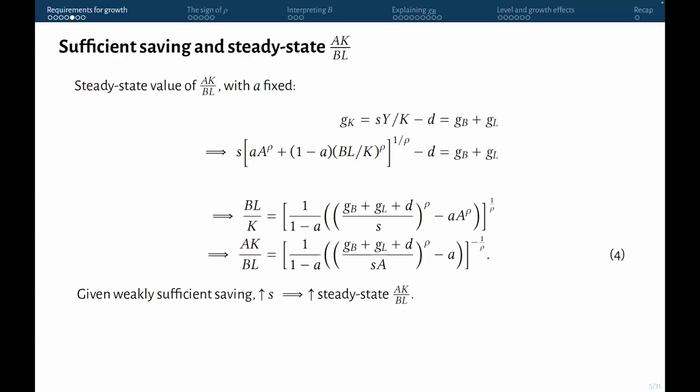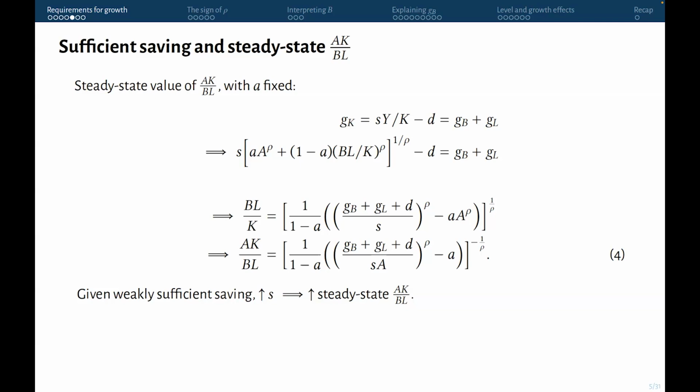This steady state ratio, though, does depend on the savings rate. So in the first regime, having a higher savings rate increased the growth rate, right? The growth rate's like SA minus depreciation. Once you cross the line into the effective labor constraint regime, a higher savings rate increases the steady state effective capital to effective labor ratio, right?